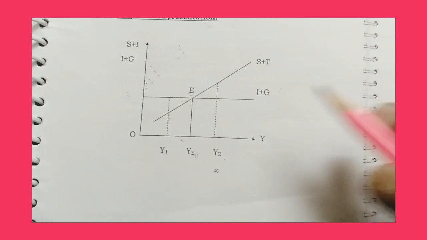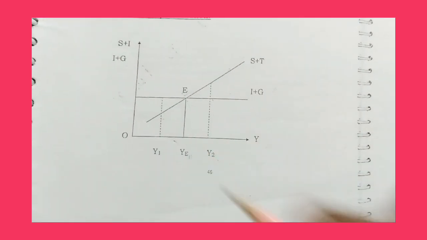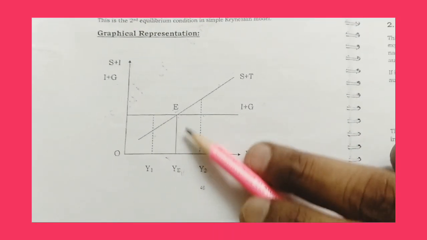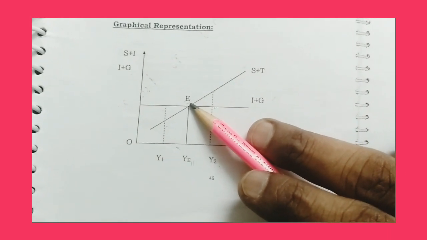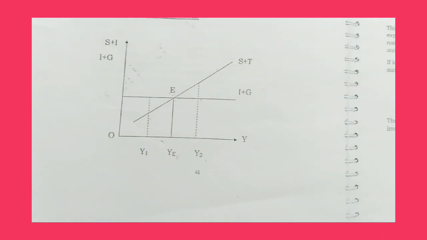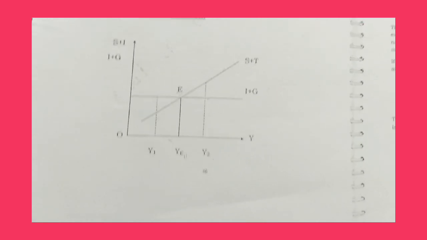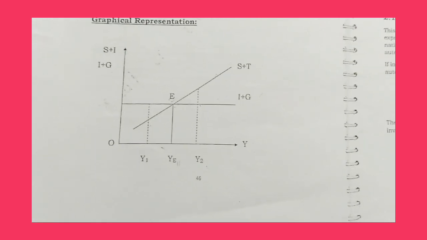The producers will reduce their production. This process will continue until aggregate demand equals aggregate supply. This approach is called the saving investment approach to the equilibrium level of national income.